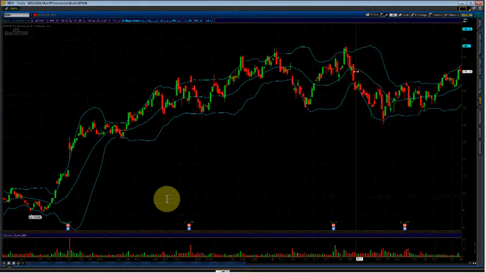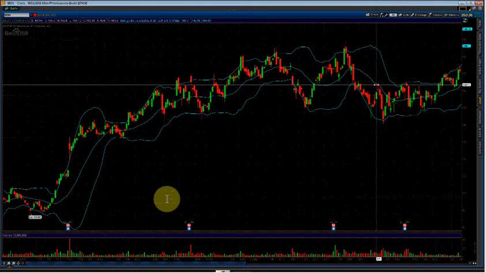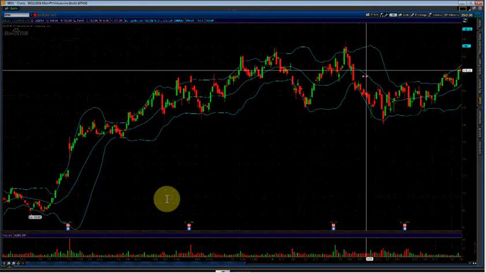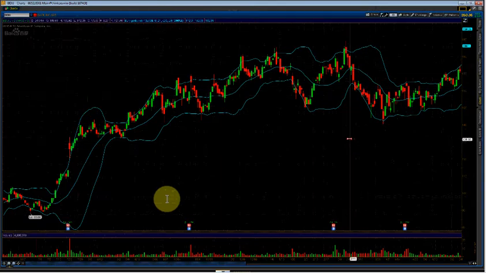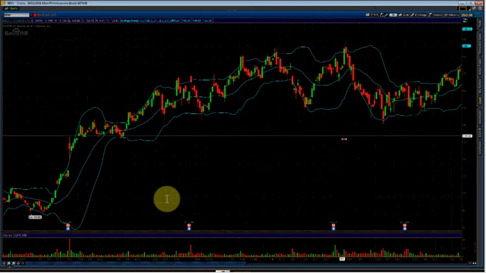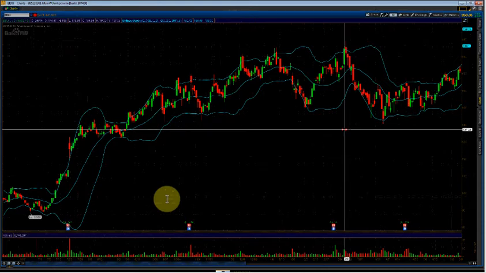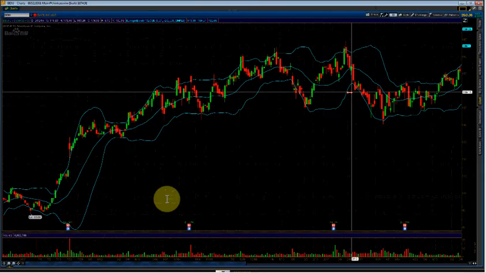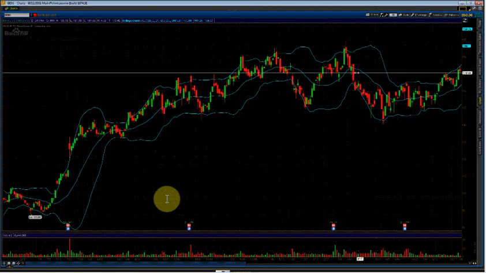It's a moving average, right? It's not support, it's not resistance, it's a moving average. And what's a moving average going to tell me? If the moving average is pointing up, what type of trade am I looking for? Okay, and if the moving average is pointing down, what type of trade am I looking for? There we go. I'd be looking for calls if it was pointing up and puts if it was pointing down.